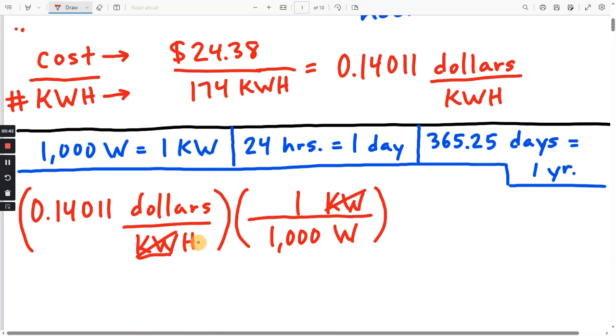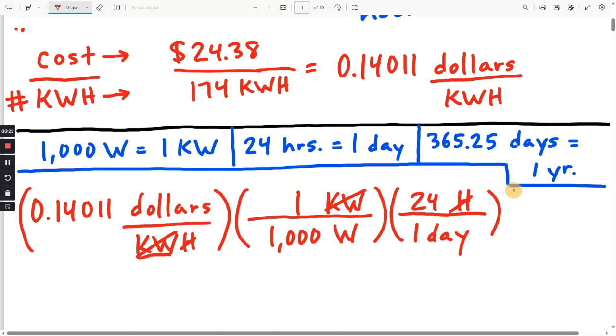And we want to convert hours to years. Alright, so let's see. We have hours in the denominator, and we want hours to cancel. So hours in the denominator, here we want it in the numerator. Alright, we said 24 hours is 1 day. So 24 hours in the numerator and 1 day in the denominator. Okay, and now hours divided by hours cancels. And finally, we don't want days, we want years. Remember, the original question asks in terms of years.